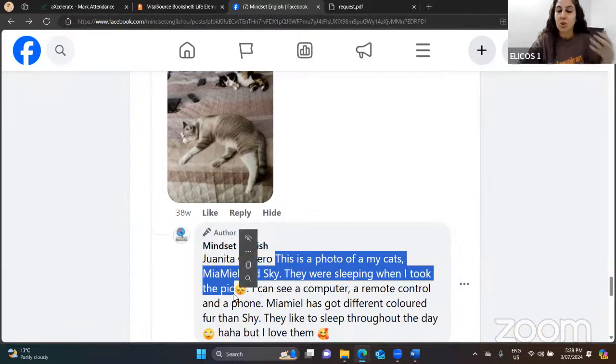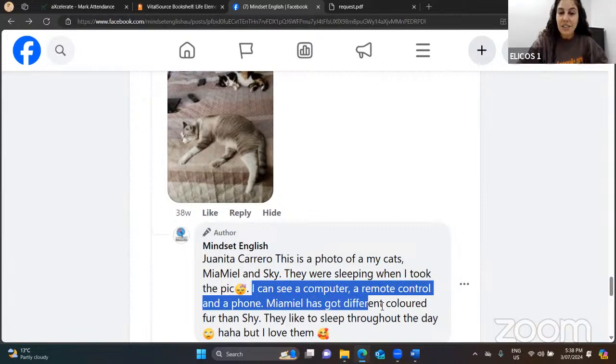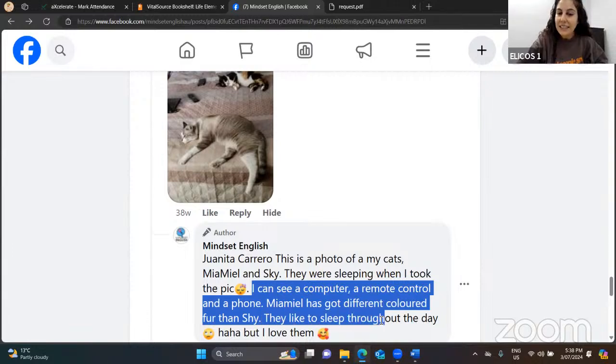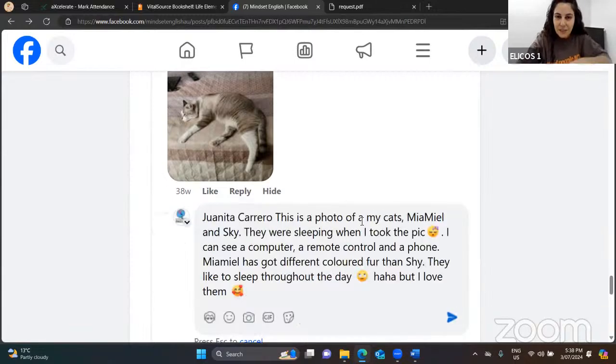So pic is a short word for saying picture. When I took the pic, I can see a computer, a remote control, and a phone. Mimi has got different colored fur than Sky. They like to sleep throughout the day, but I love them. So that's really cute. I'll just fix a bit of English here.